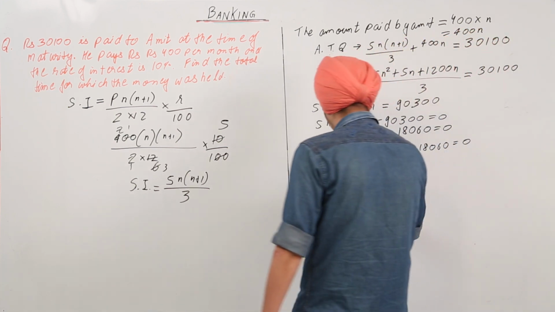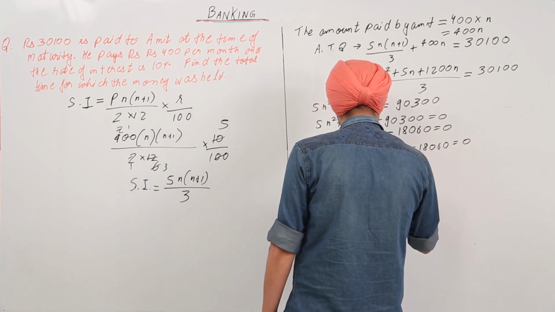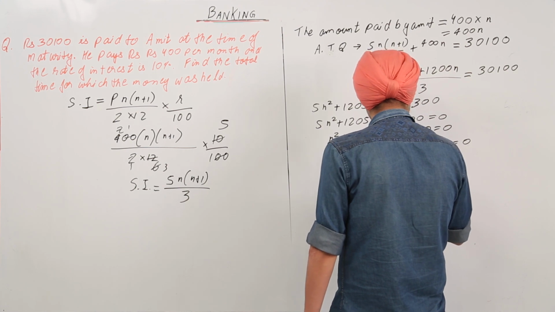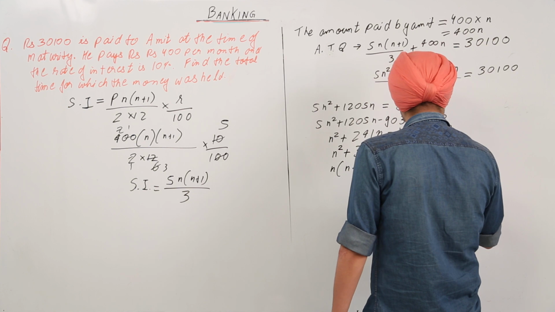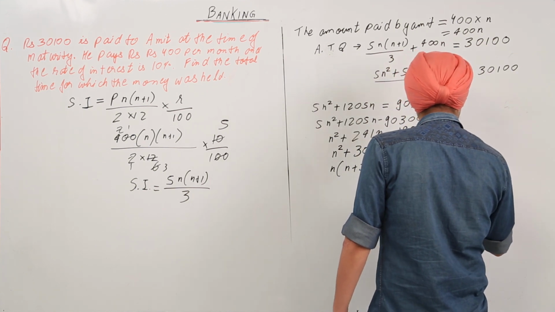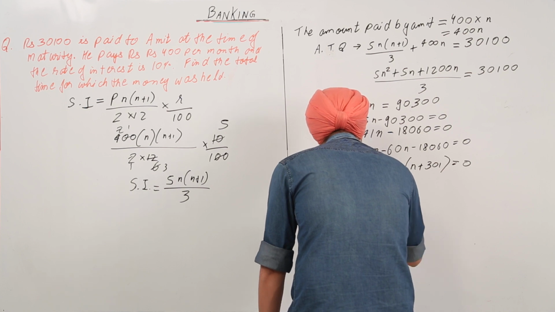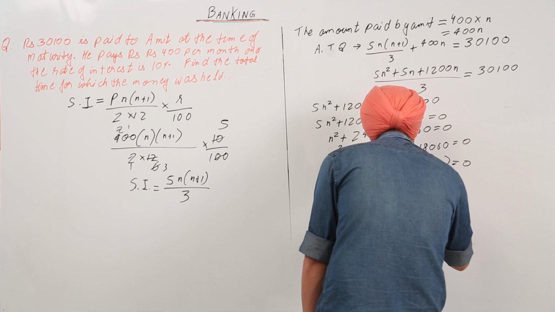Now taking N common from here, we get N plus 301. Now taking minus 60 common from here, we get N plus 301 equal to 0. So we have the roots as N minus 60 into N plus 301.